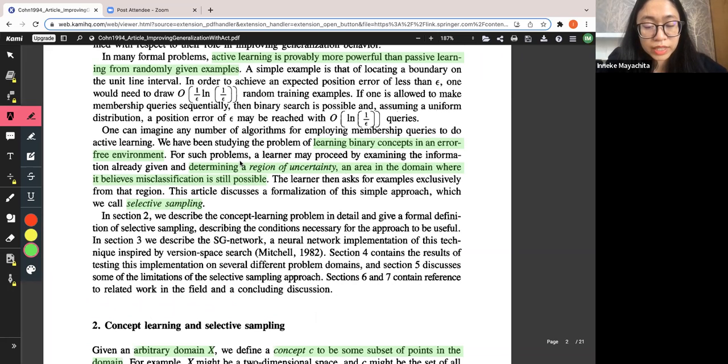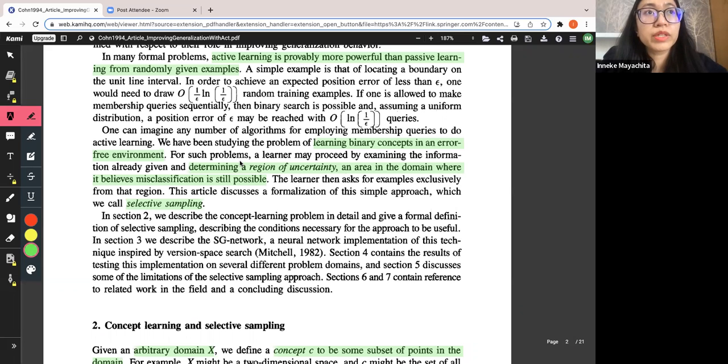With this concept, what we want to do is determine a region of uncertainty in the hidden representation, where the model has uncertainty.